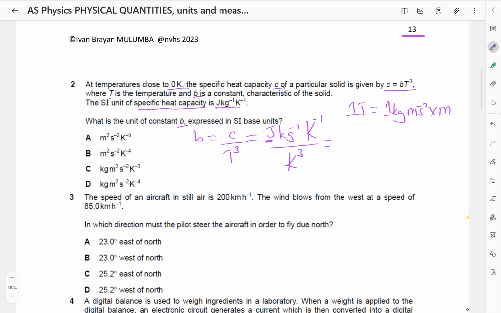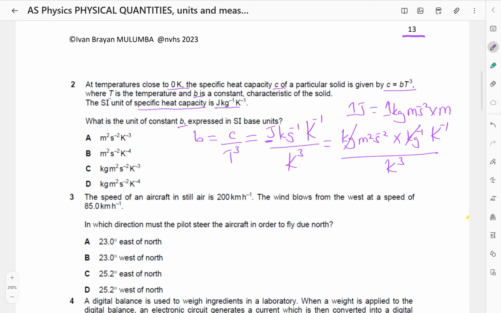So this unit will be kilogram meters squared per second squared, then times per kilogram, then times per Kelvin divided by Kelvin power 3. So per kilogram is cancelled, and when K goes up, it becomes K power 4.